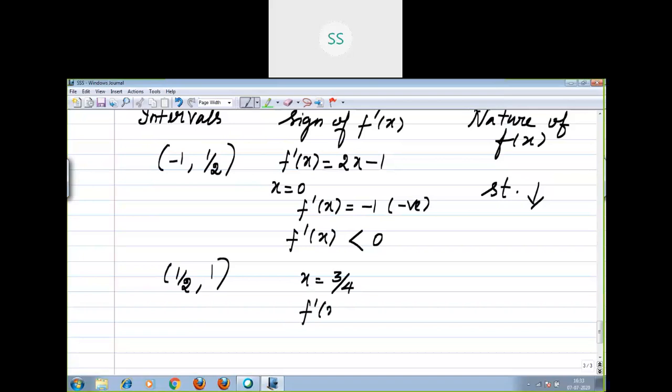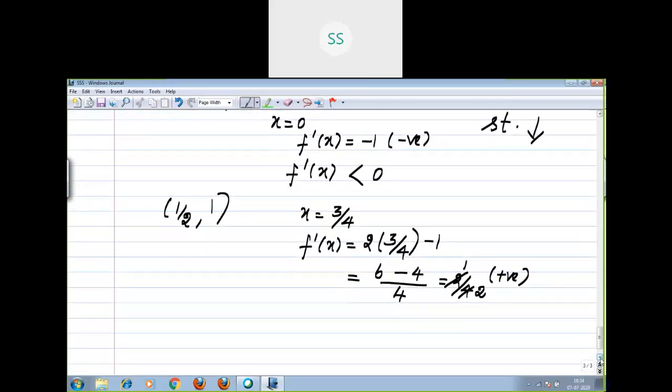So f dash of x equal to 2 into 3 by 4 minus 1 equal to 6 minus 4 by 4, that is 2 by 4, 1 by 2, positive. Positive means the derivative is greater than 0.